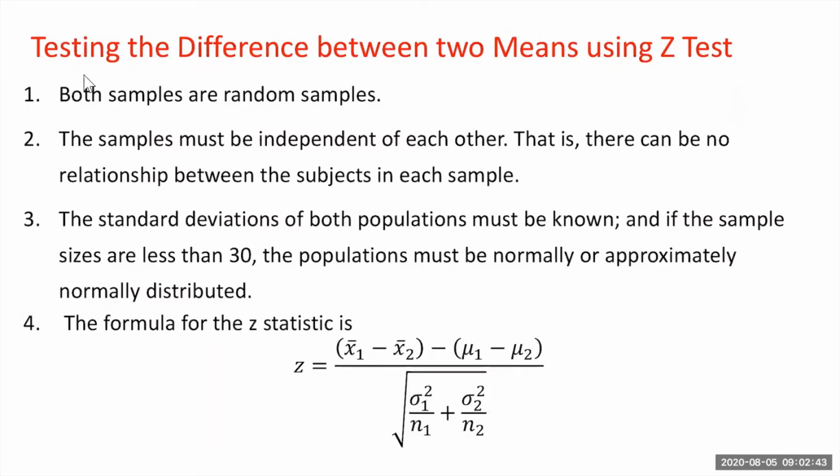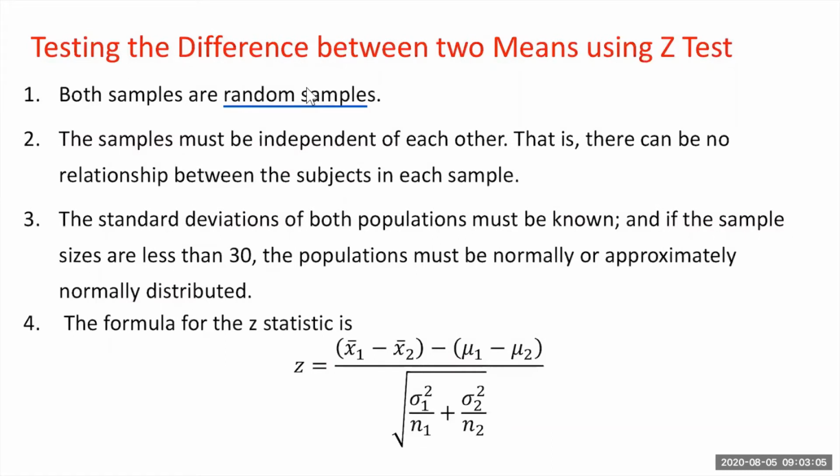That's why the first one is testing the difference between two means, that is the mean from two different samples using z-test. Because we are using two different samples, there are a couple of things you need to know. The first one is your sample must be random. Okay, both samples must be random. That is the first thing.